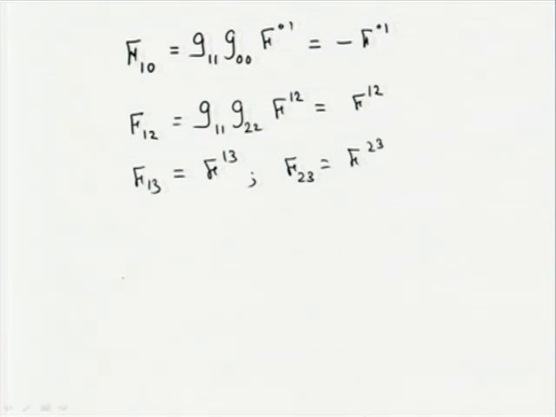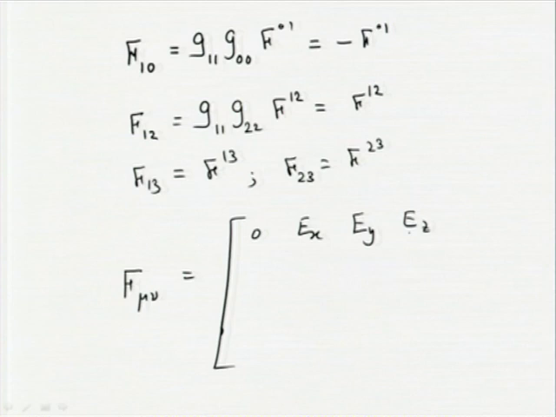So, altogether we can write the covariant matrix F mu nu as: 0, with a sign change there, so Ex, Ey, Ez, and similarly for the first column minus Ex, minus Ey, minus Ez. Diagonal elements are zeros.